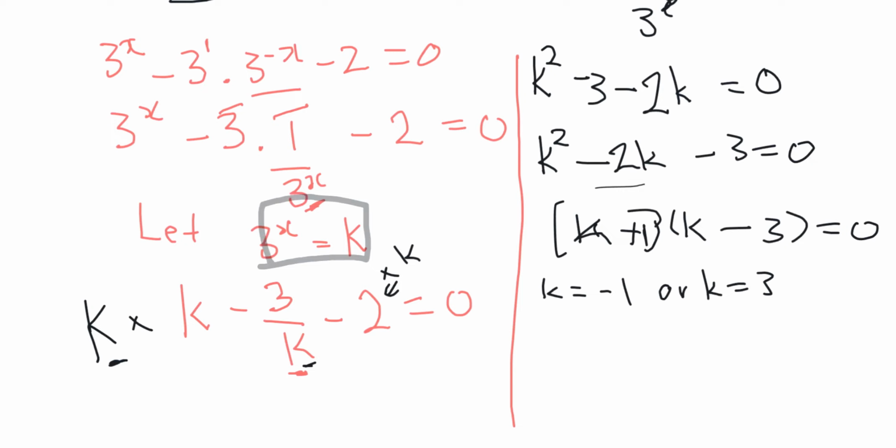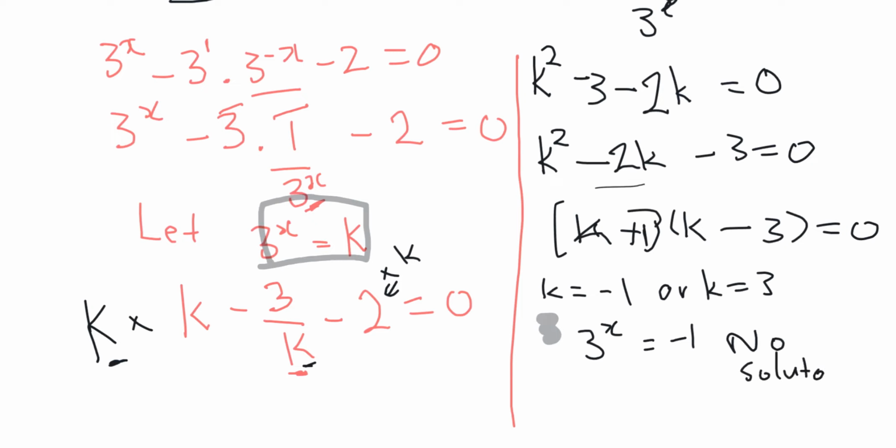So this is going to be 3 to the power of x is equal to negative 1. And what is 3 to the power of x equal to negative 1? Then this is not going to give you any solution. So this is no solution.